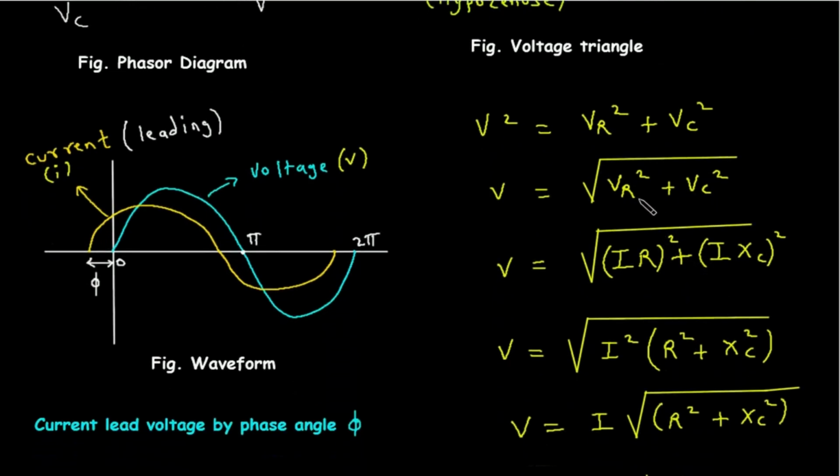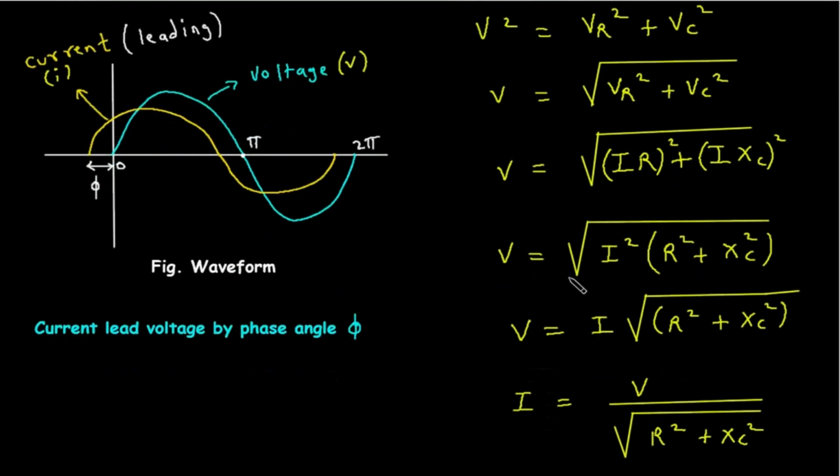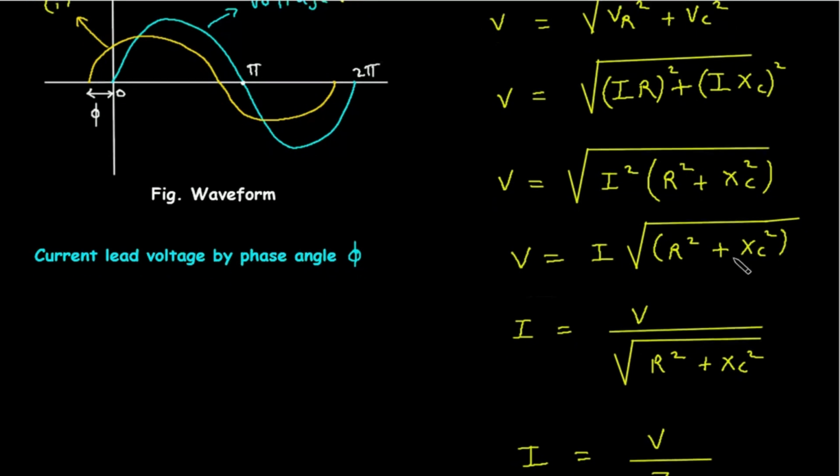Now VR is equal to I into R and VC is equal to I into XC. From this we can take I square common. So V is equal to under root of I square in bracket R square plus XC square. Now we can take this I square outside of this under root. So V is equal to I into under root of R square plus XC square.